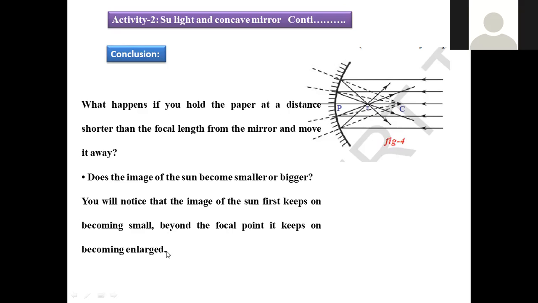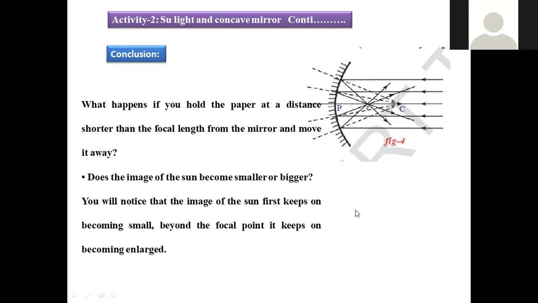The sun's diameter will slowly be enlarged. So below this focal point, if you are moving towards the lens, the size of the sun will be lowered, and conversely, if you are moving the paper away from the focal point, the size of the sun will be enlarged.